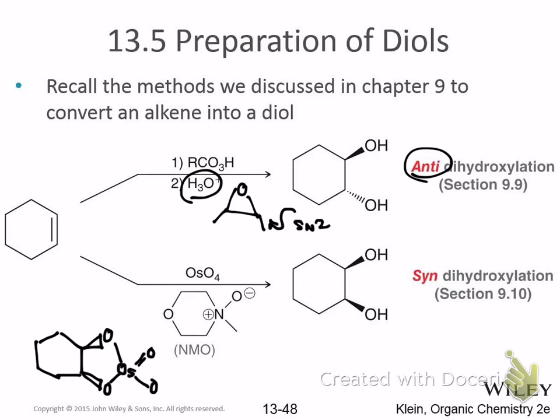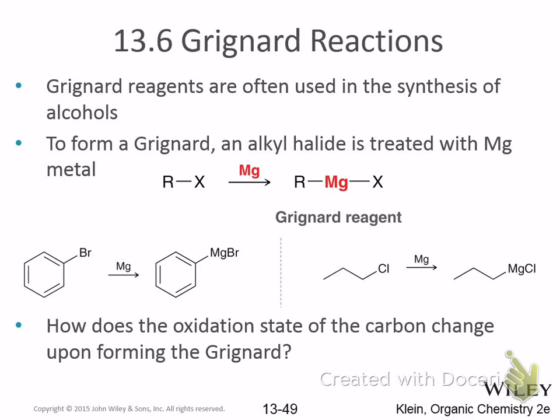On this ring it doesn't matter because it's symmetric, but if you had another functional group on here, it would matter. But the oxygens end up being added from the same side of the pi bond, so it's a syn addition.